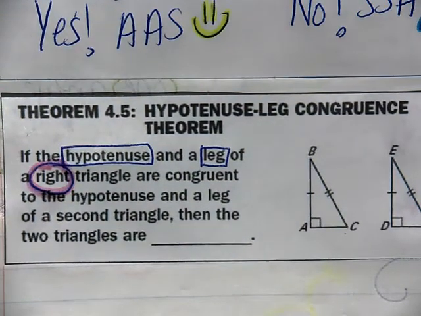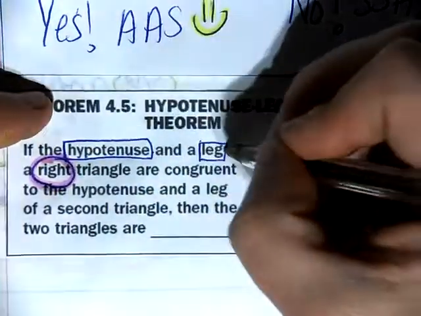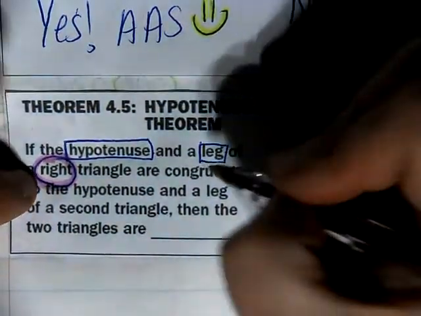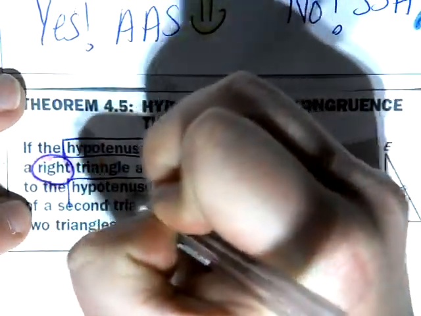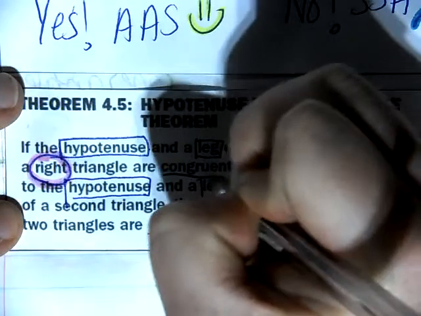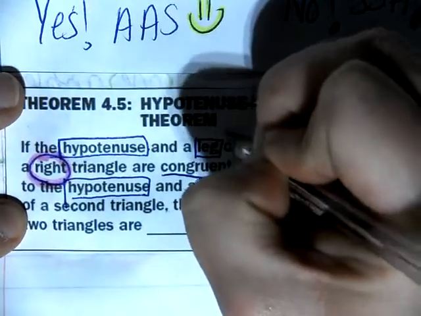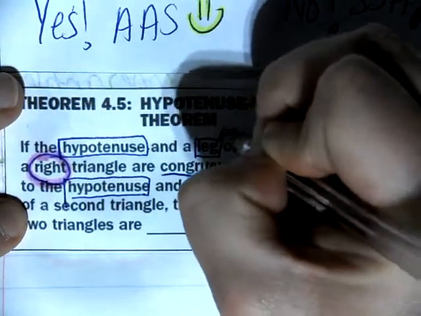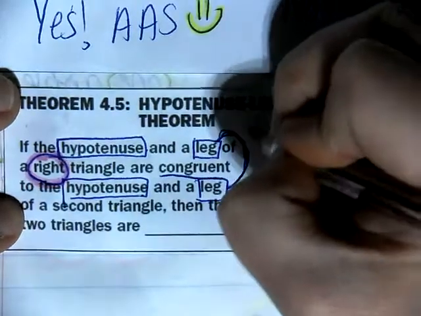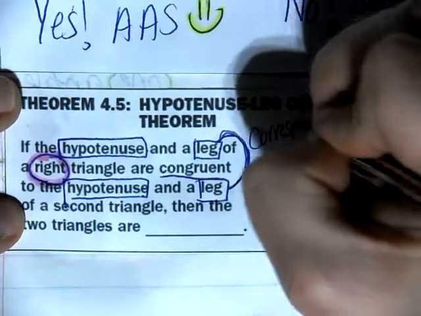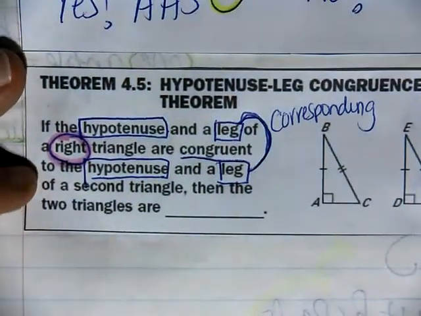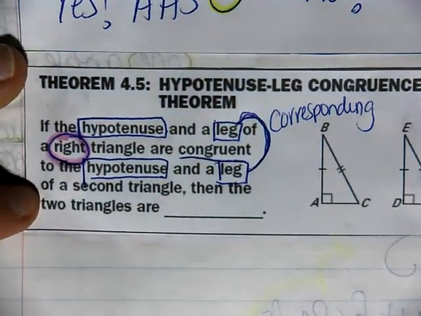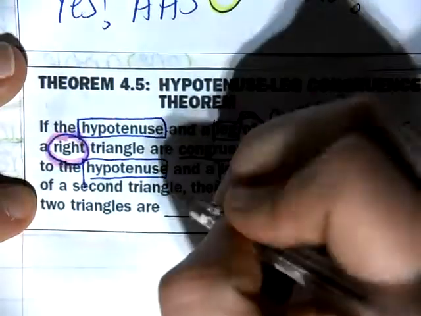So if the hypotenuse and a leg of a right triangle are congruent to the hypotenuse and leg, which that leg needs to be corresponding because each triangle has two legs, so these legs need to be corresponding, of a second triangle, then the two triangles are congruent.